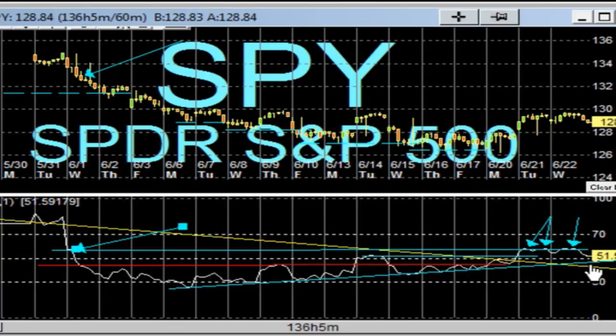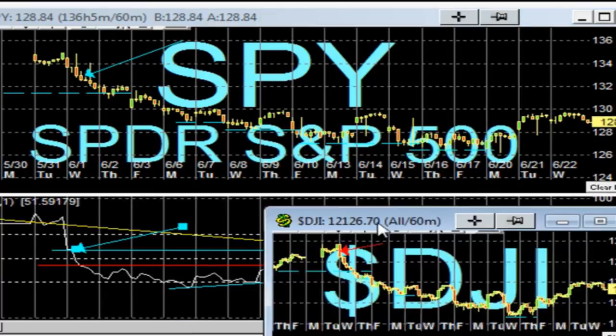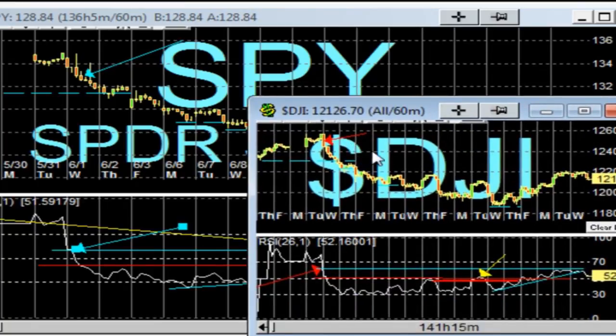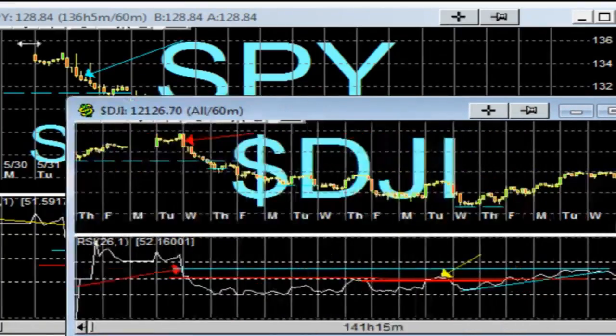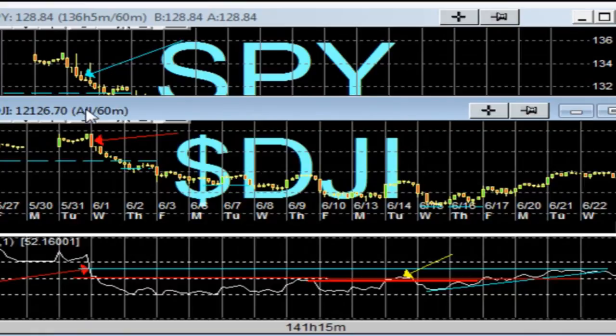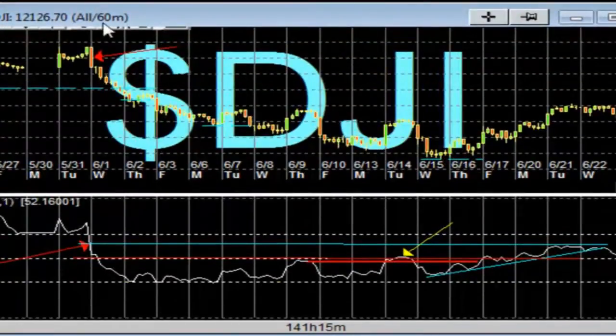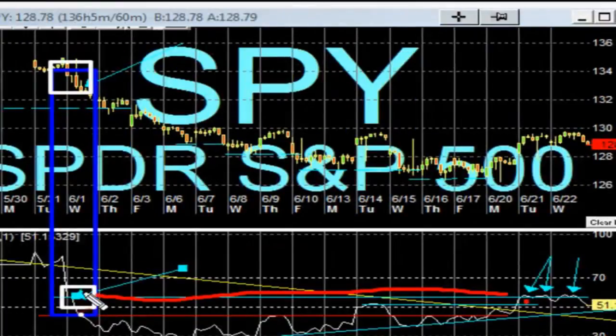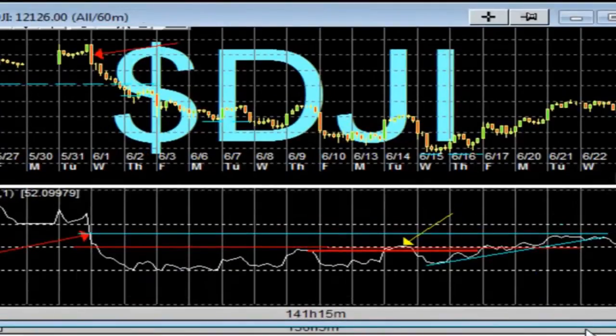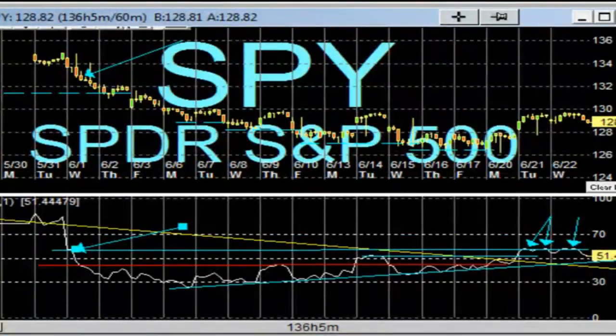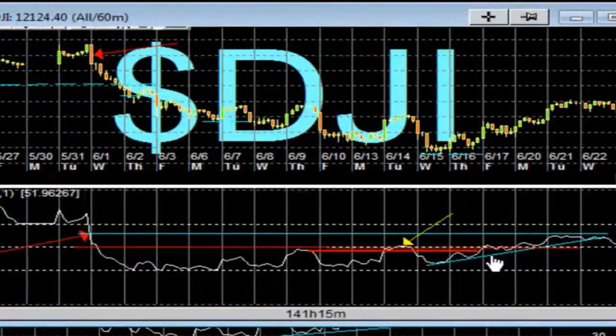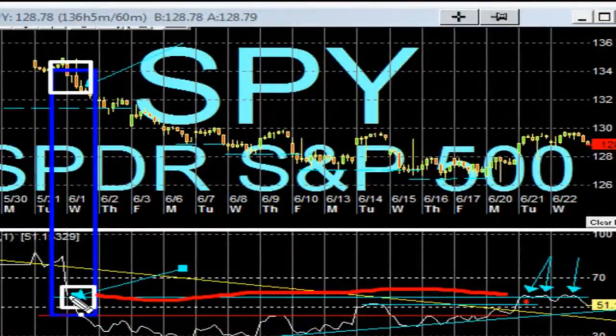If I can bring up the Dow hourly chart, again, you see the same scenario. It broke down earlier. Where is that Dow? Oops, this is the SPY. Let me get that out and put the Dow in here. As you can see, it stalled around here.